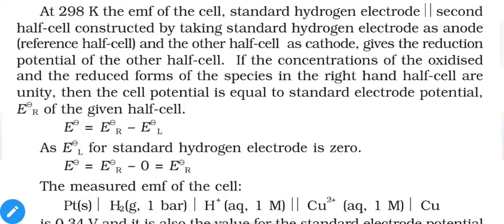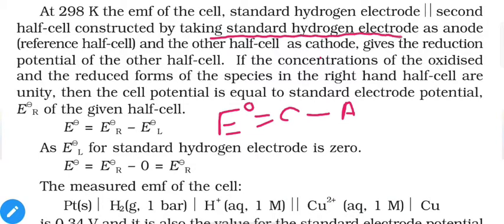Now what does it mean? As mentioned here, the equation of cell potential is equal to the reduction potential of cathode minus the reduction potential of anode. Now as mentioned in this point, our standard hydrogen electrode is acting as anode, and as mentioned earlier, the value of the hydrogen half cell is considered as 0.